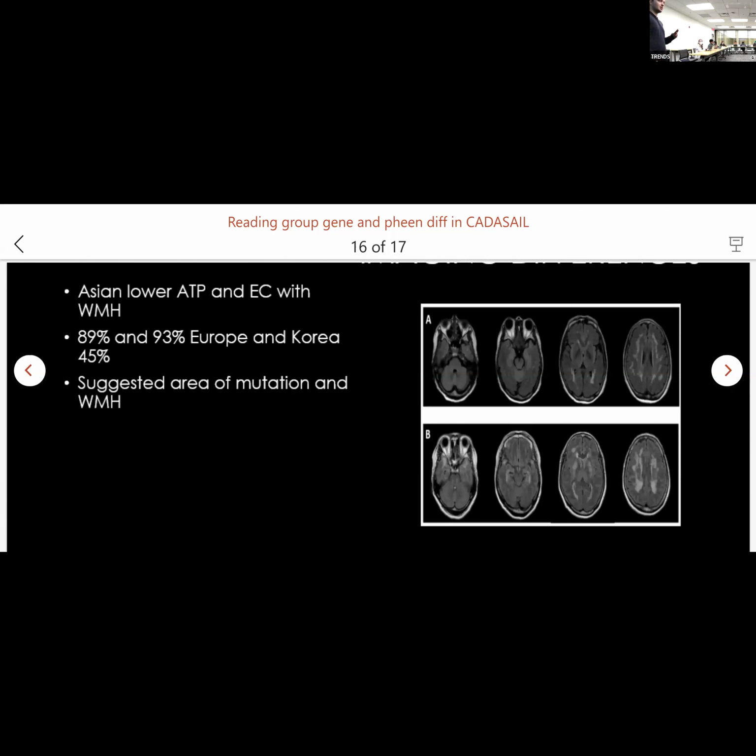With a different type of imaging, there are more white matter hyperintensities: 87 to 93% are affected in the European population, while in Korea, which directly contrasts that, there's only 45%. What this suggests is an area of mutation that is correlated to an area where the white matter hyperintensities manifest.